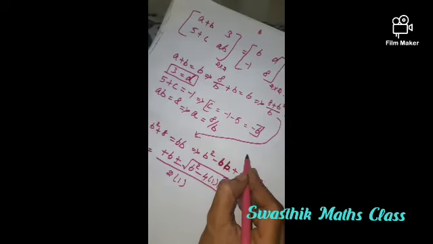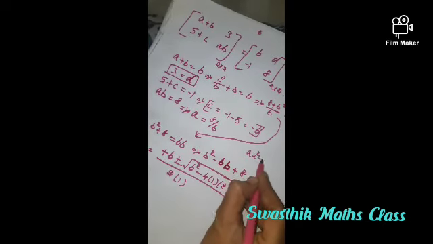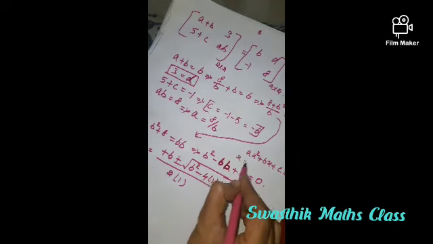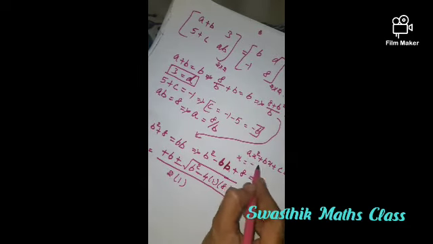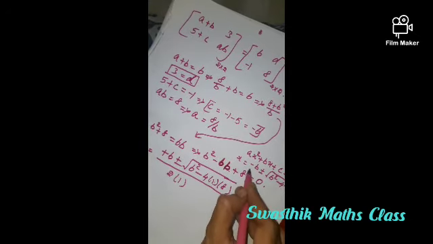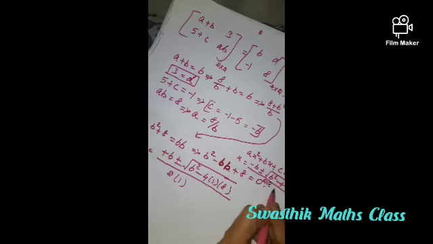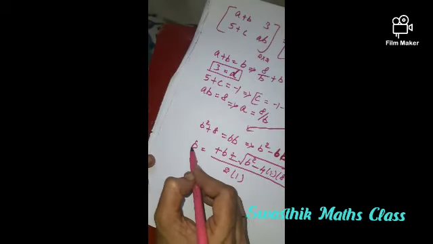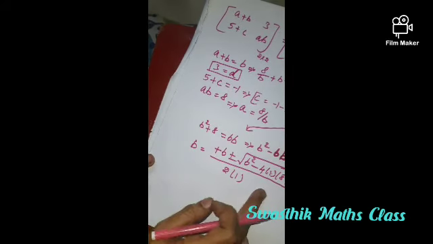Actually, if our equation is of the form AX square plus BX plus C is equal to 0, to get the value of X, the formula is minus B plus or minus root of B square minus 4AC divided by 2A. Right? Here our variable itself is B, so I directly substitute the values.